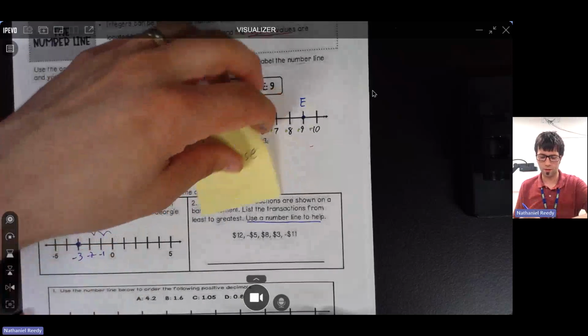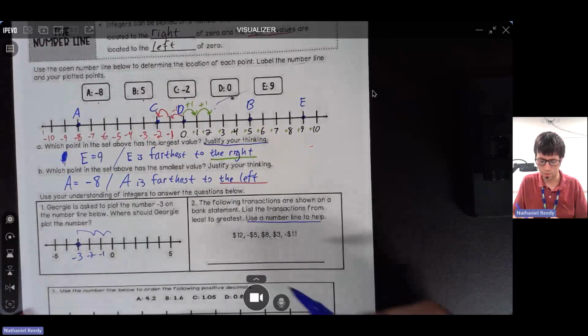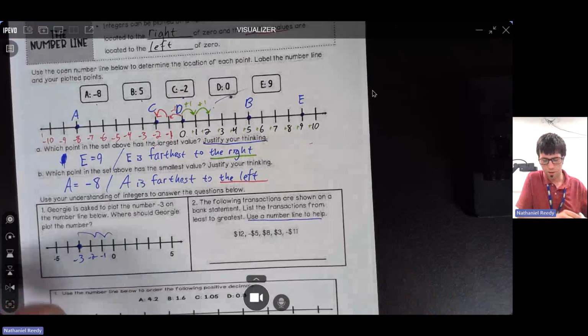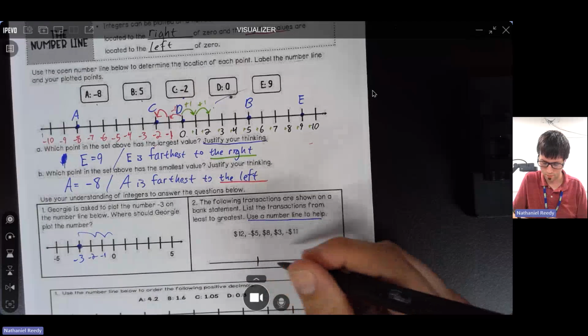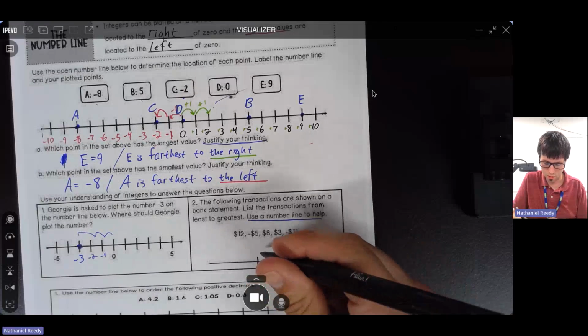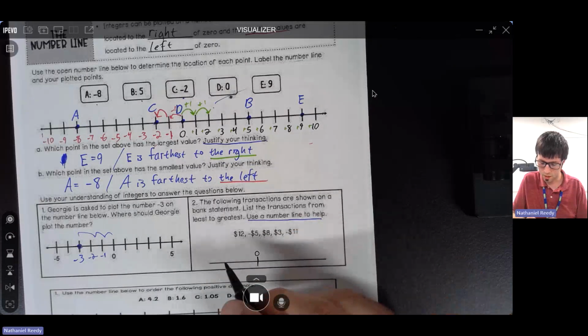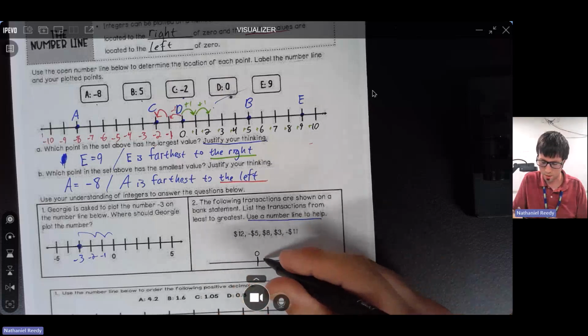All right, so let's do this together now. It says use a number line to help. They already gave me the line down here, so I'm just going to conveniently use what they gave me and make my own number line. I'll just do what we've been doing so far, but with 0 in the middle. It might be helpful to look at my biggest and smallest numbers, but I'm not going to worry about that right now.